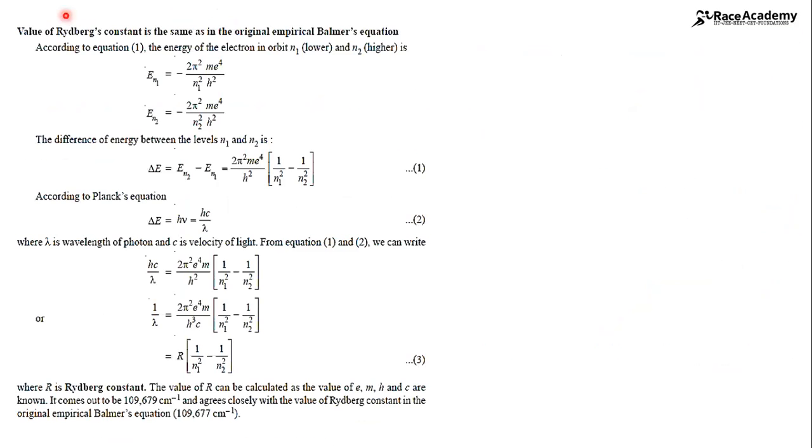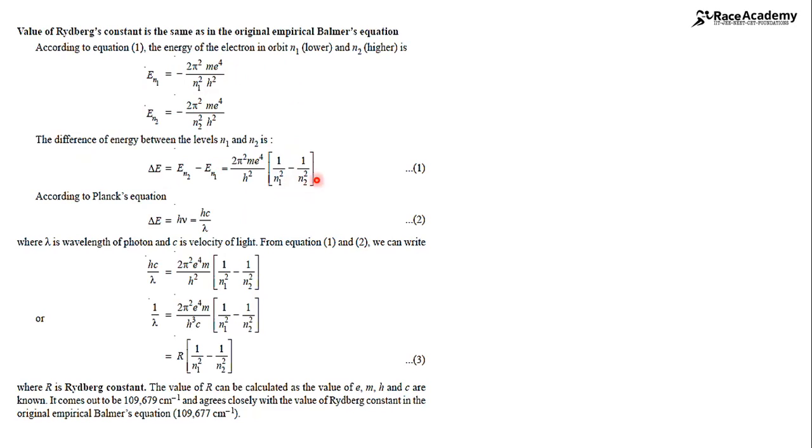Now the Rydberg constant in that mathematical expression is said to be from the original empirical Balmer equation. The energy for n1 is written as minus 2 pi square me power 4 by n1 square h square, and similarly for n2. From the difference in Bohr's theory, the common factor is 2 pi square me power 4 by h square, multiplied by 1 by n1 square minus 1 by n2 square.